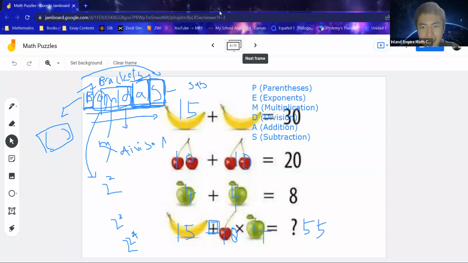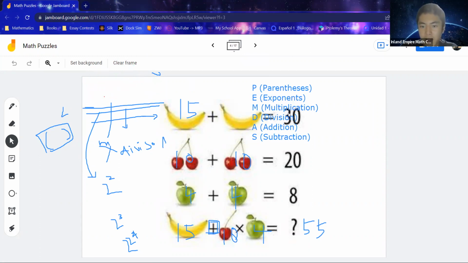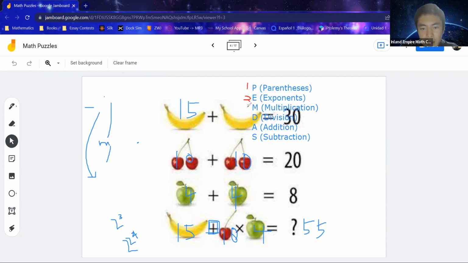All right, yeah, Lloyd wrote PEMDAS. And Joyce, that is indeed another acronym we can use to remember that. I think that's also what most schools teach. PEMDAS stands for parentheses, exponents, multiplication, division, addition, subtraction. As David has said, you do parentheses first, exponents second, and multiplication and division at the third step.